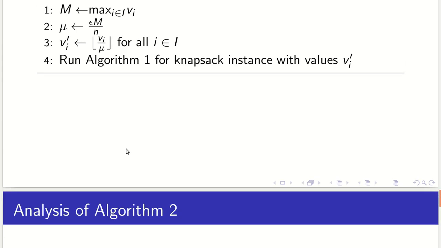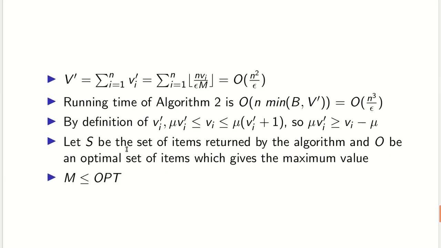So let me take you through the analysis of this algorithm. First observe that V dash, which is the sum of vi dash, is bounded by a polynomial factor, of order n square by epsilon.